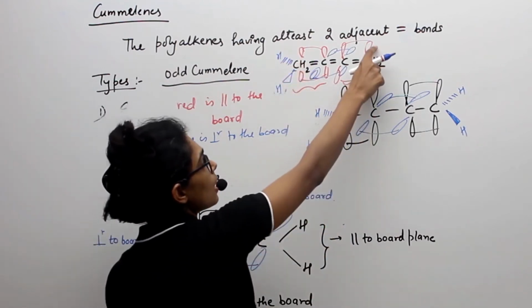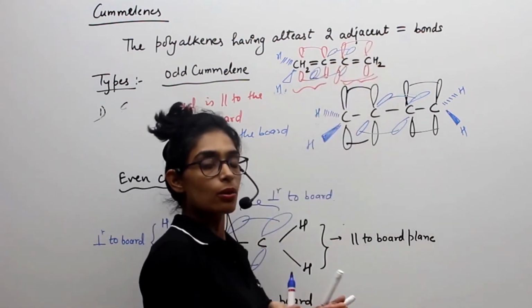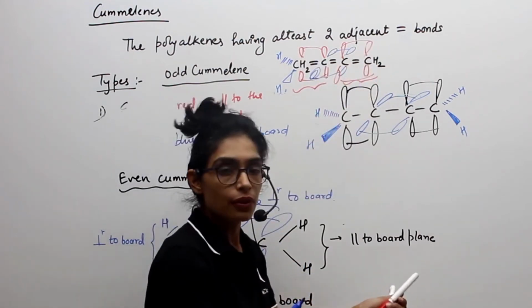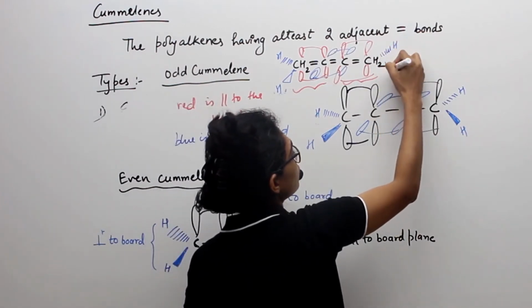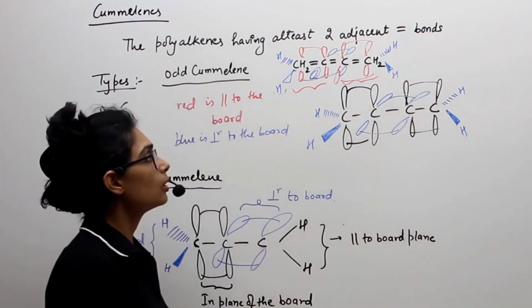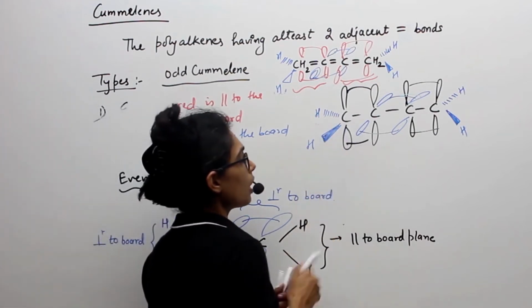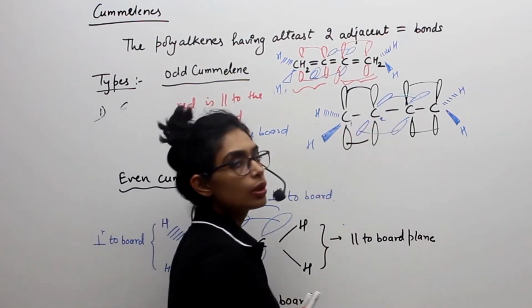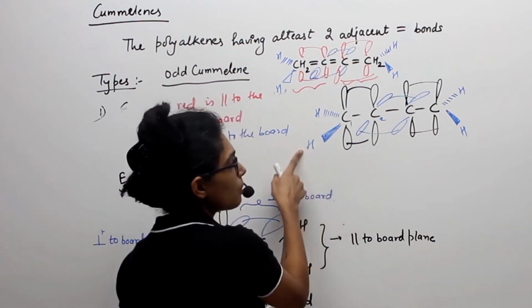Now look, the last one is also using the p orbital of the same plane. So basically both the hydrogens will be in different planes. That's exactly what I have made over here. So what I have done here: carbon 1 and carbon 2 use p orbitals parallel to the plane, so their sigma bonds are perpendicular to the plane.